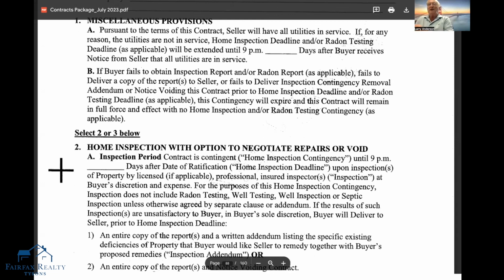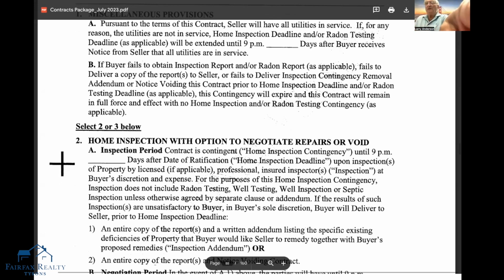Okay. Now, paragraph B, pretty important. Your buyer doesn't want to lose their home inspection contingency.